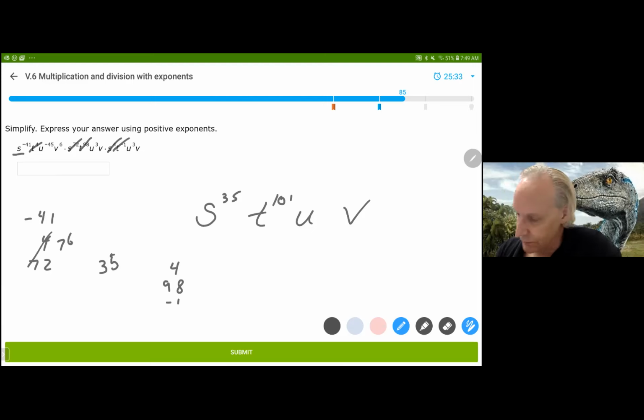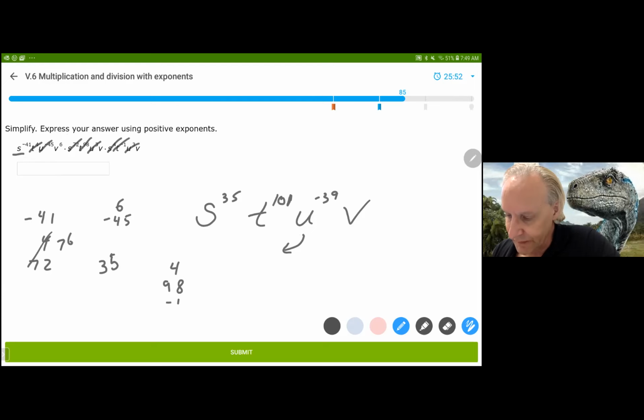And now I'm going to do the U's. I've got a 3, 6, and a negative 45, which is negative 39. So that's going to go in the denominator, isn't it? And that's a 101 in case you can't see it very well.